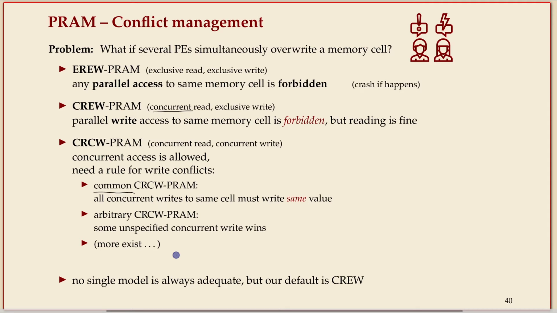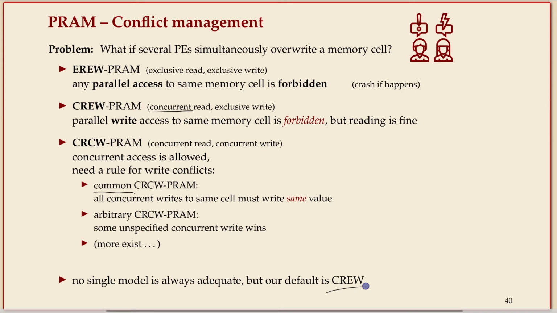You can come up with different models, and in a sense, it's not completely fixed what the hardware will do. There have been different approaches tried, and so this is still somewhat ongoing. That's why we have this wealth of different models, to play with the possibilities that they give us. The default model here, though, will be the CREW PRAM.